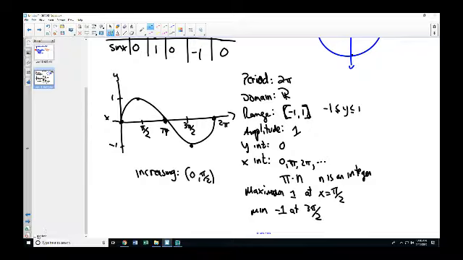And 3 pi over 2 to 2 pi. And then decreasing, just flip it: from pi over 2 to 3 pi over 2, right? Because we're going down to the right.